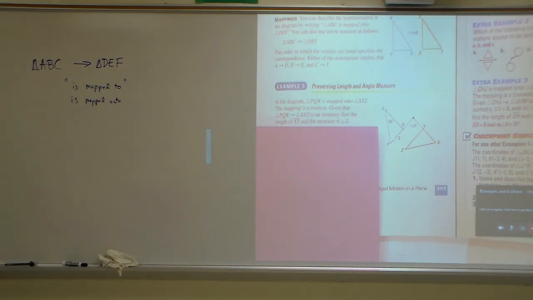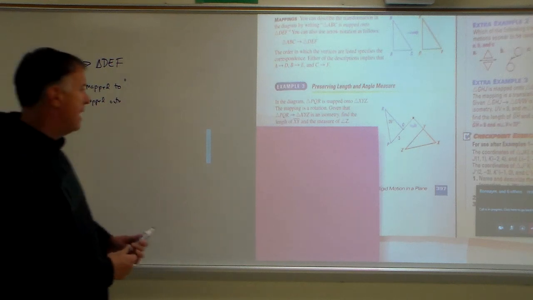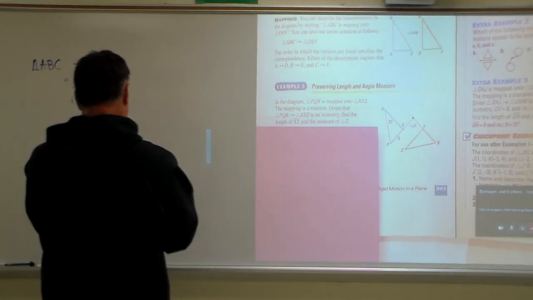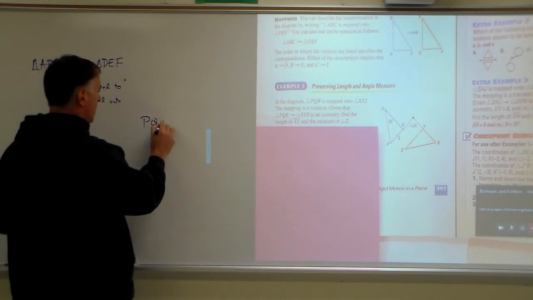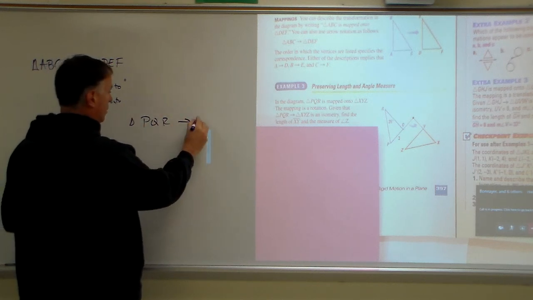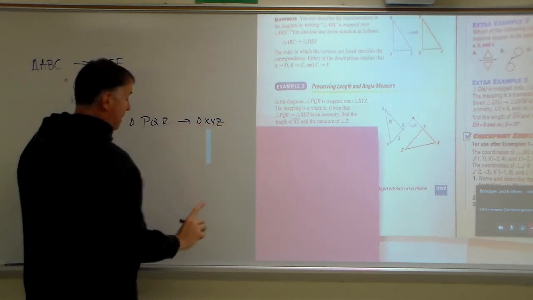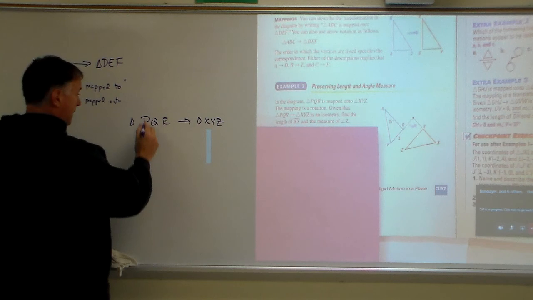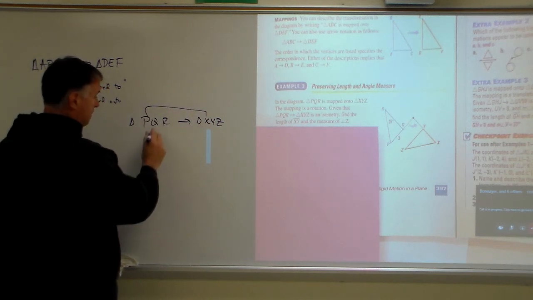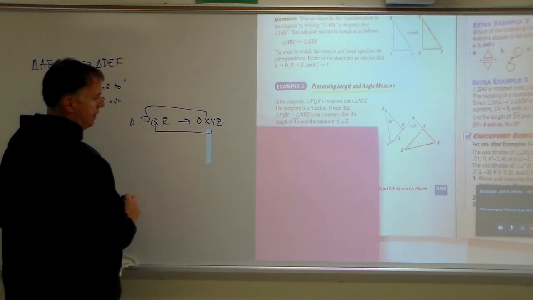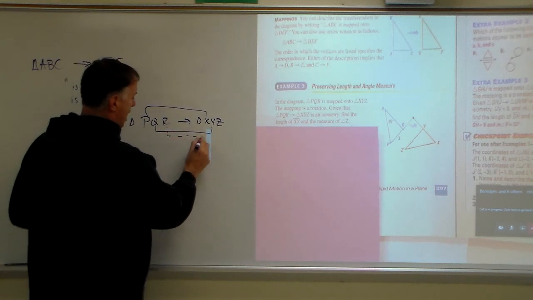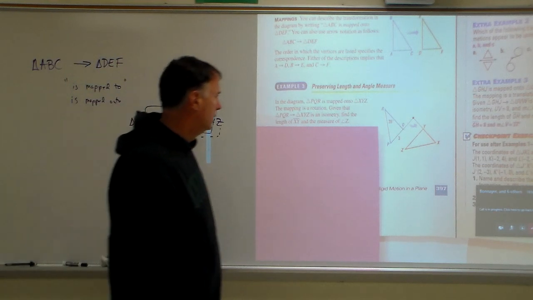We have to. It says in the diagram, PQR is mapped onto XYZ. So PQR is mapped to XYZ. So that means the order is important. That means P matches up with X. That means Q matches up with Y, and it means R matches up with Z. Okay?